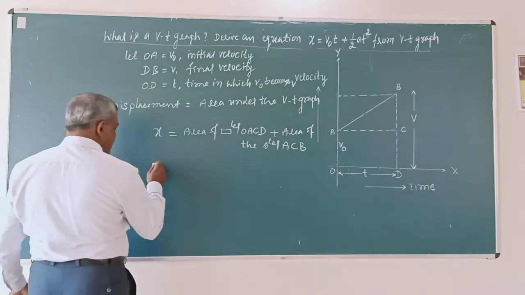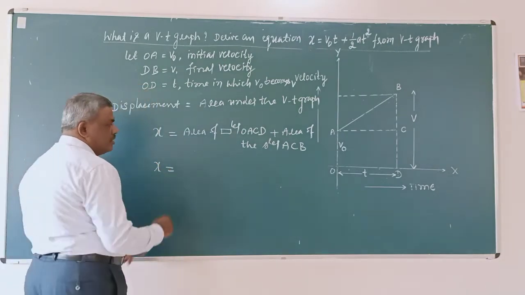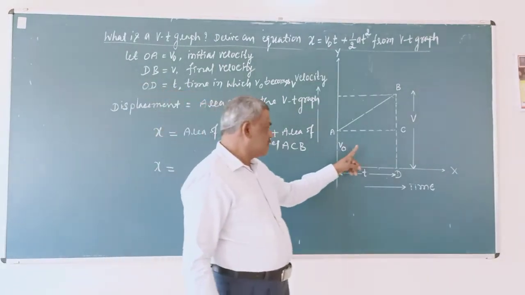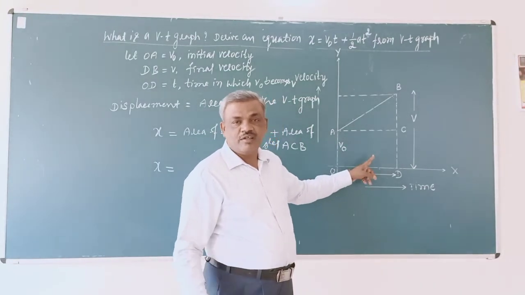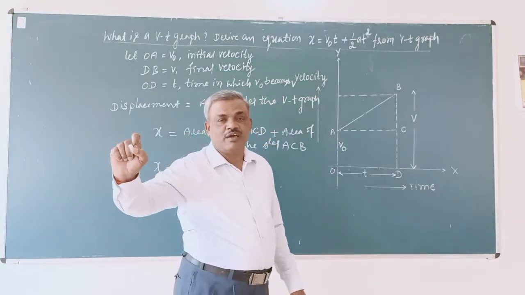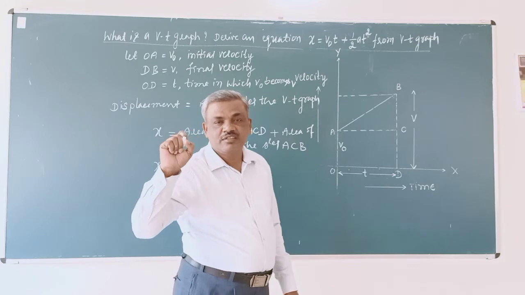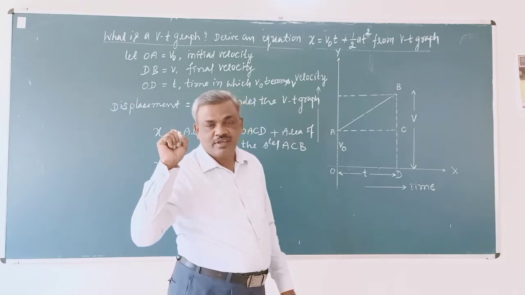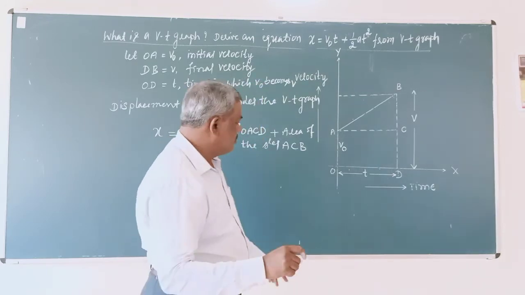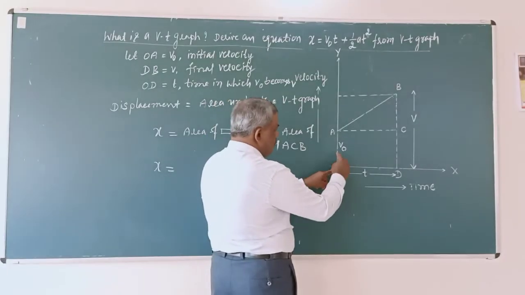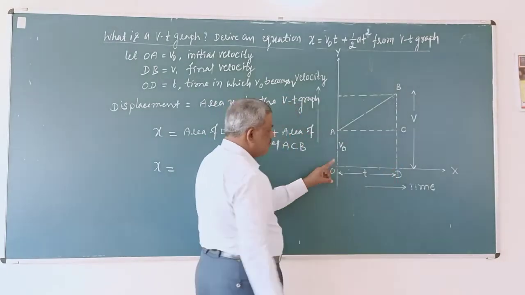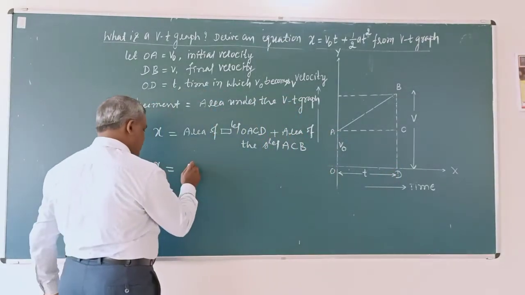So x is the displacement. Area of the rectangle: how to calculate it? You know the general formula: area equals length into breadth. So now this is a rectangle, OACD. So length is OA.